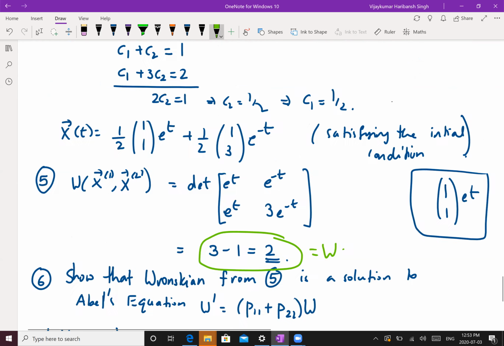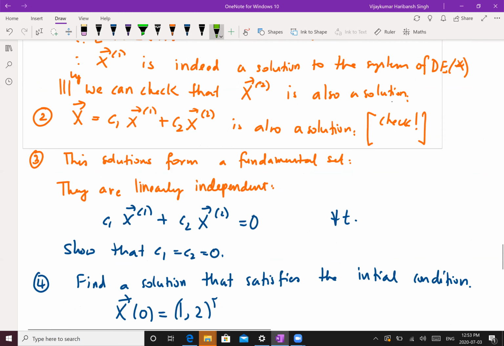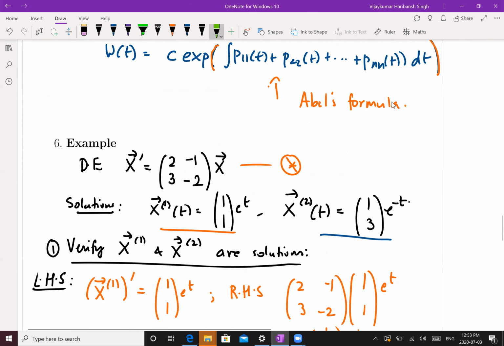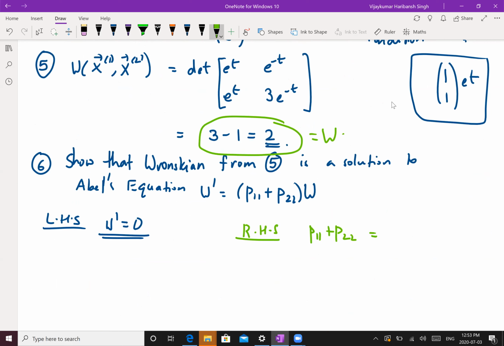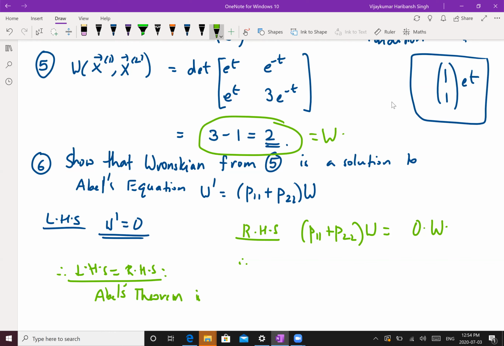P11 is 2 and P22 is minus 2, so P11 plus P22 is 0. Therefore, this times W is equal to 0 times W, so LHS equals RHS. So Abel's theorem is also verified.